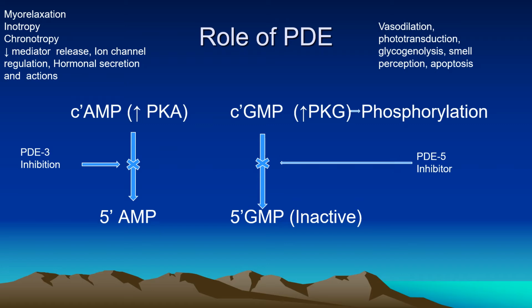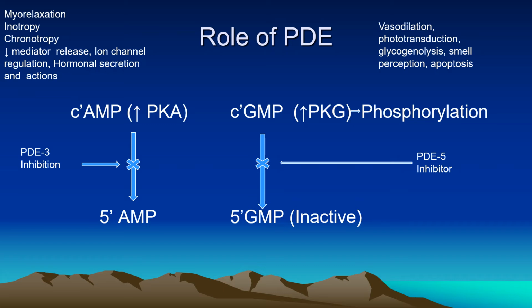Now, once it is activated, a number of effects can be seen: myorelaxation, positive inotropic action, positive chronotropic action, cardiac stimulation, decreased mediator release from the inflammatory cells, regulation of ion channels, hormonal secretions, and other secretions. This we will be discussing.